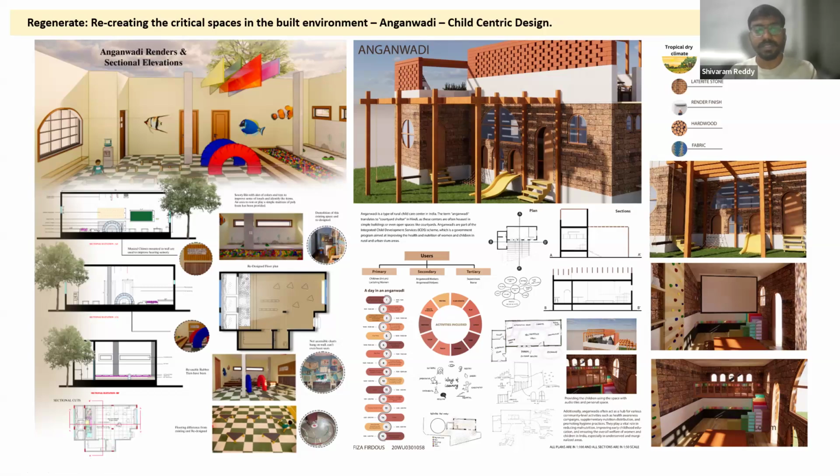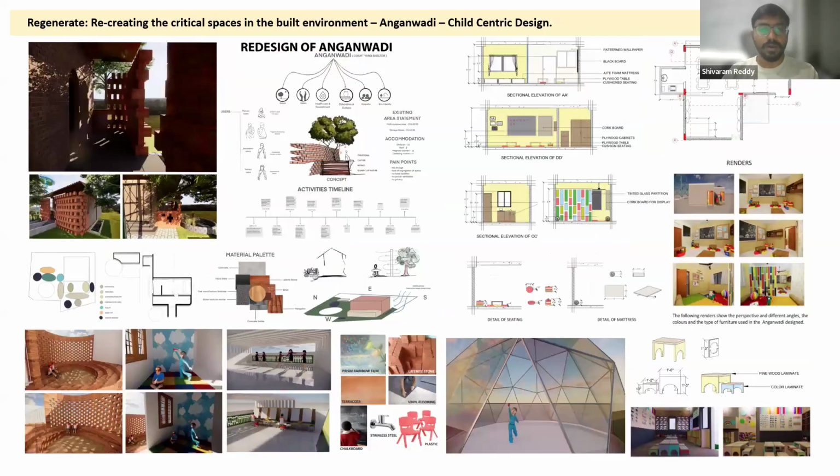All these strategies have been incorporated. In some cases, students have also utilized spaces beyond indoor spaces, coming to the outdoor and the roof part of the school or the built environment.